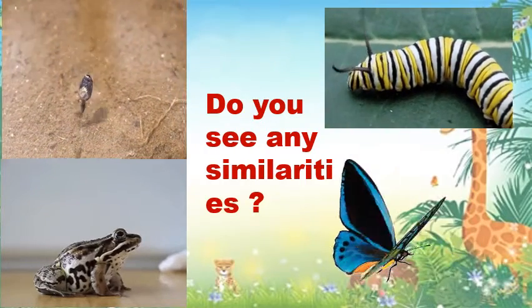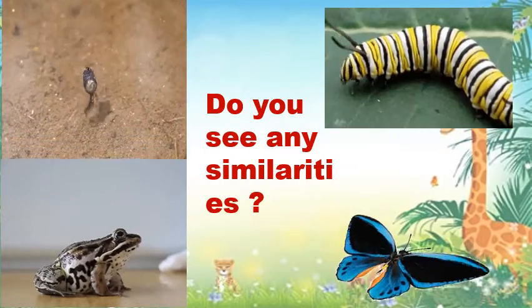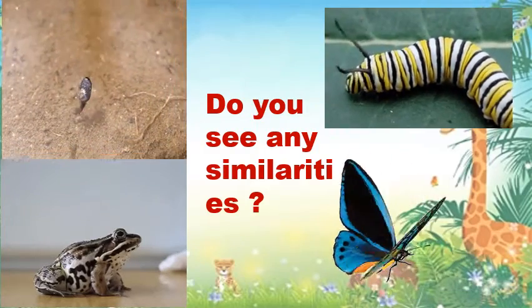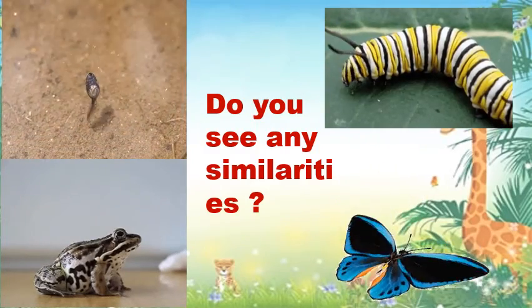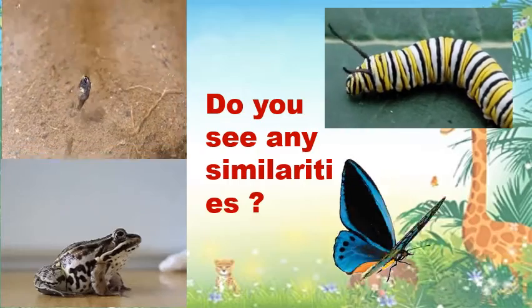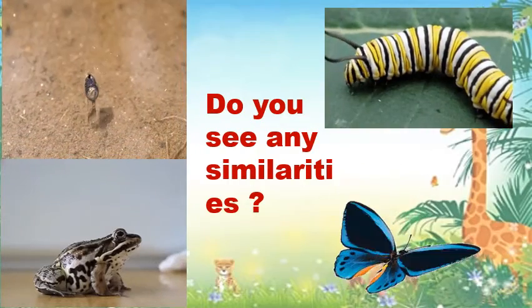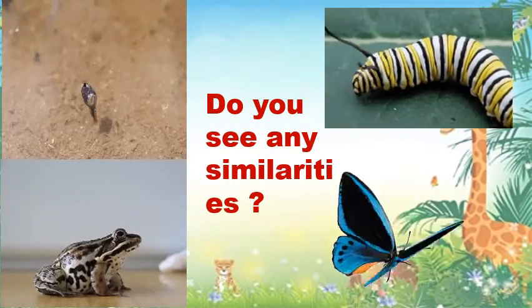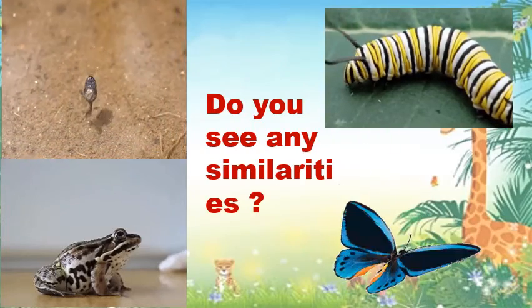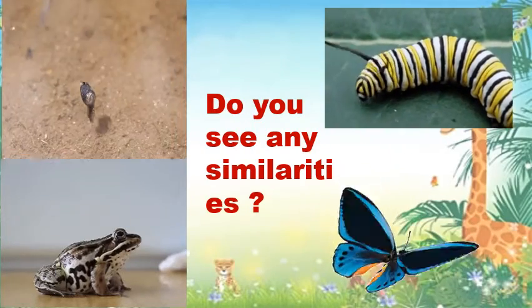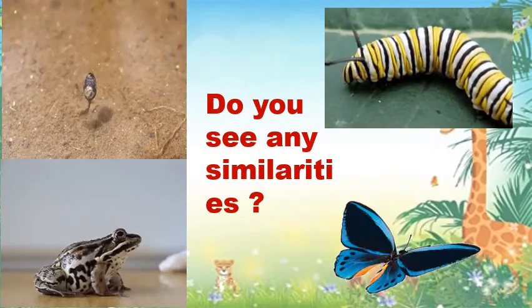See, the baby frog is called a tadpole. It looks like a fish. It has a tail, but the mother frog has no tail. See the body structure of the tadpole. Compare that one to the mother frog. It's totally different.